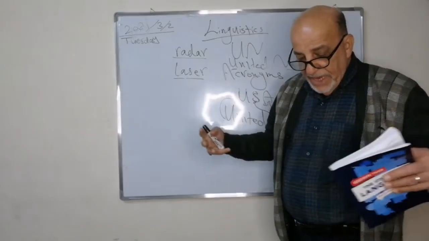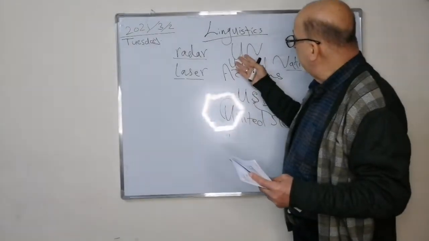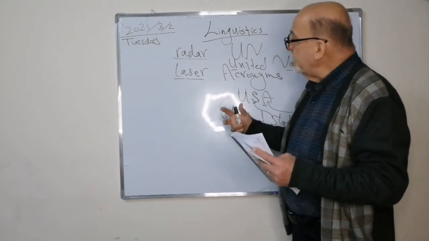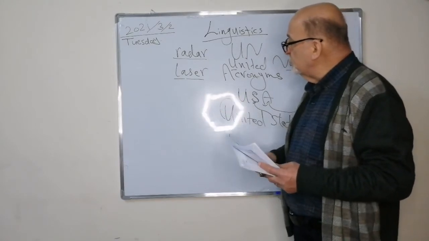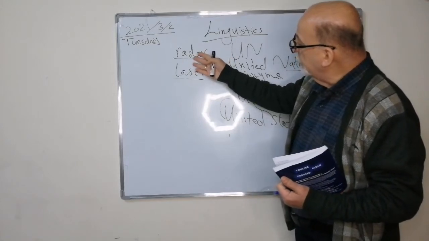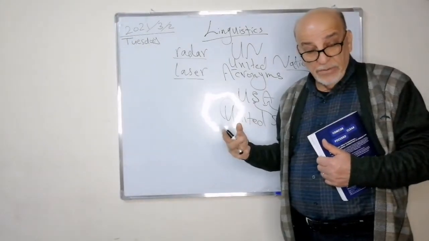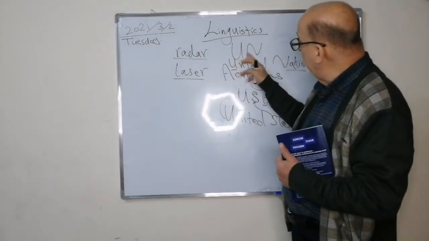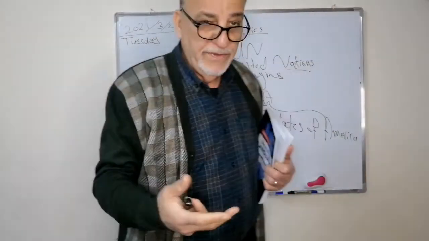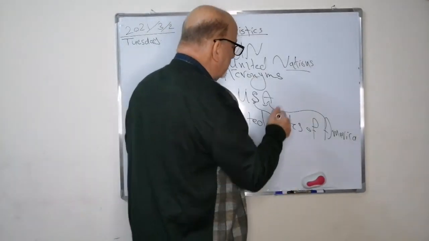When the sounds are put together, not as in UN. Now the point which was raised last time is: why do we write laser in small letters, and here we write UN in capital letters? Why do you do this? There is a very good point here.